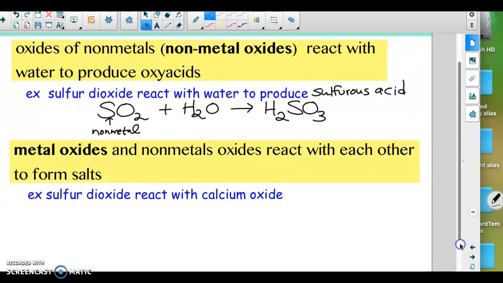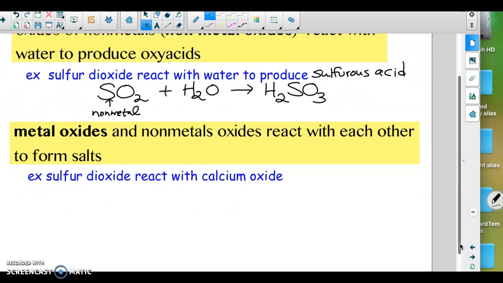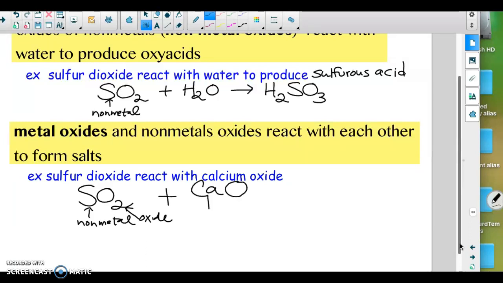You can also have a non-metal oxide like sulfur dioxide. Here's our non-metal, and it's an oxide because of this oxygen. It reacts with a metal oxide, and then you form a salt.